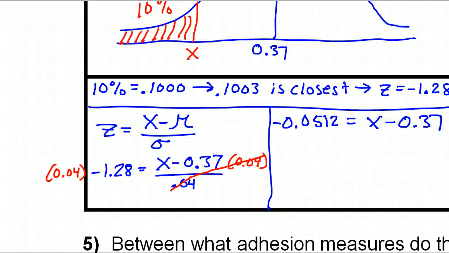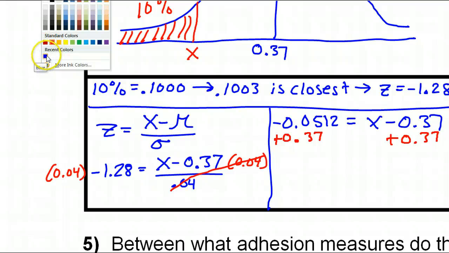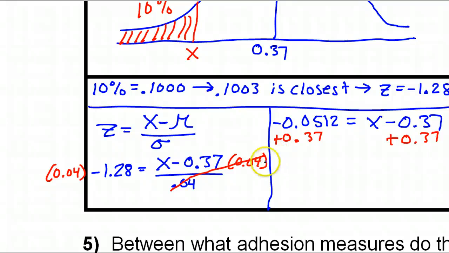So got to get x by itself, so let's go ahead and add 0.37 to both sides. Okay, so plus 0.37. That's giving me 0.3188.